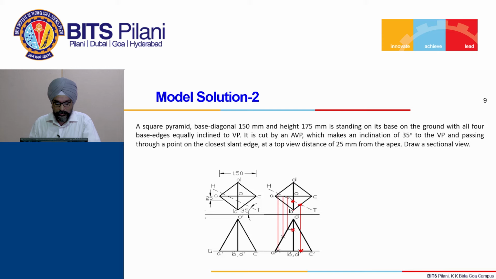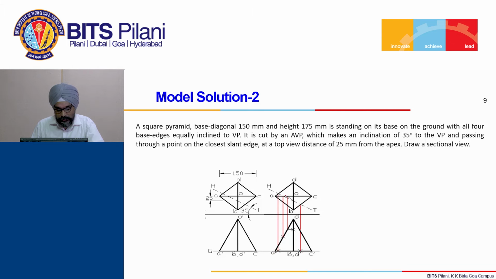About the point here, that is on OA, so it can be directly transferred. No problem at all. Then we have another point here on AD, which is behind. AD is on the rear portion. Note that if it is behind, it has cut the slant edge from here, so this slant edge will no longer remain in the sectioned view.